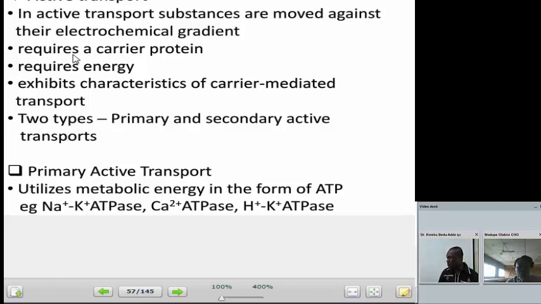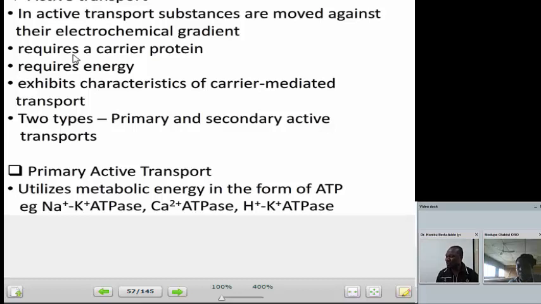So moving from a region of low concentration to a region of high concentration. Unlike in diffusion, where substances are moving from a region of high concentration to a region of low concentration. So now we are at the primary active transport.